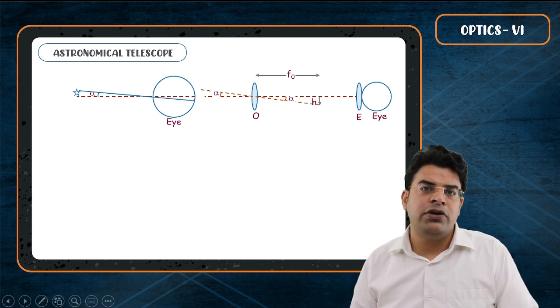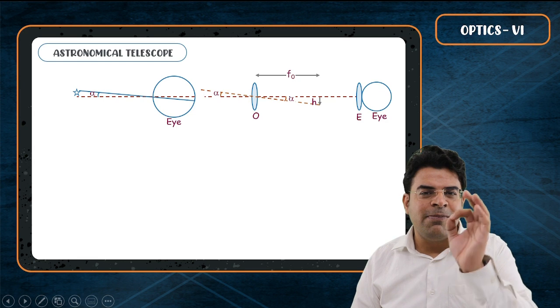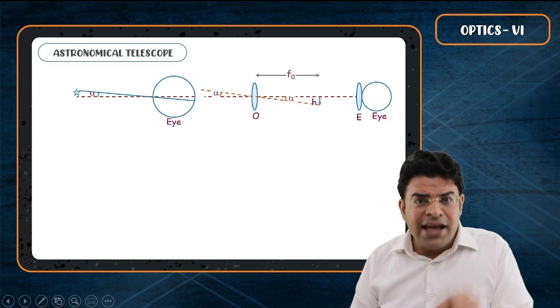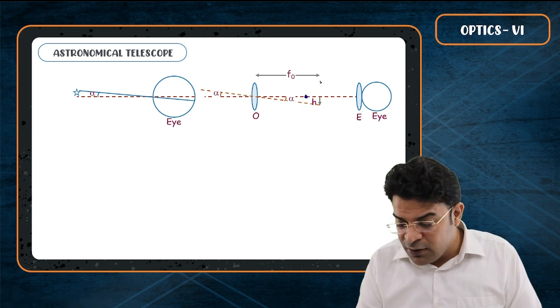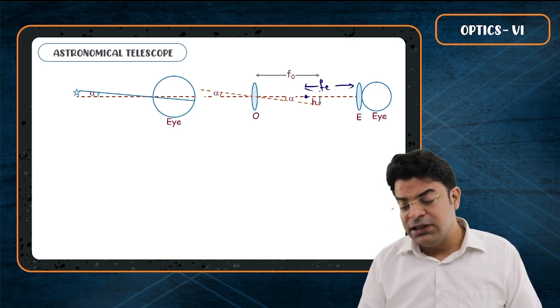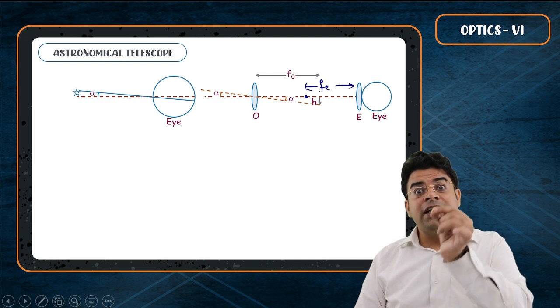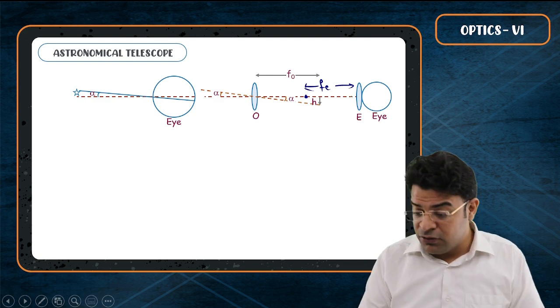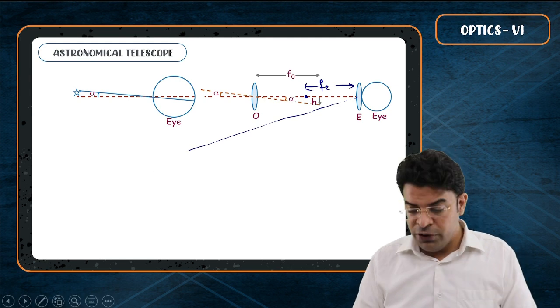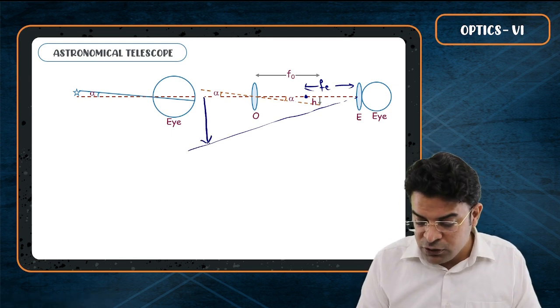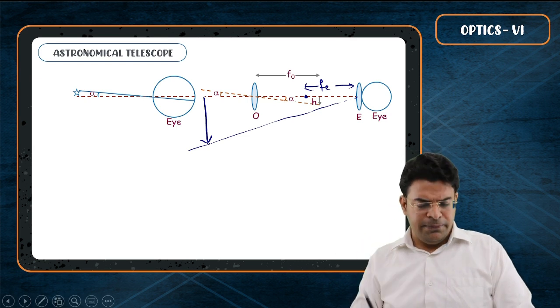Now sir, what do we do? Again, the same simple microscope story. We make sure that the image formed by the objective lies within the focal length of the eyepiece, and since the image formed by the objective lies within the focal length of the eyepiece, the eyepiece, which can be used as a simple microscope, will form a magnified virtual image, and that will be seen by the eye.